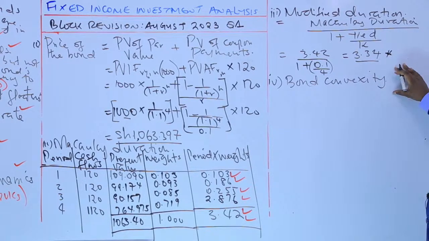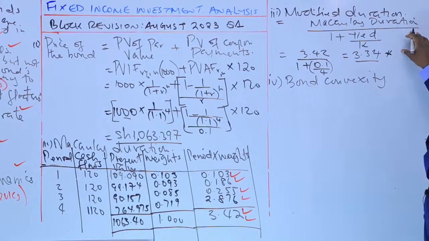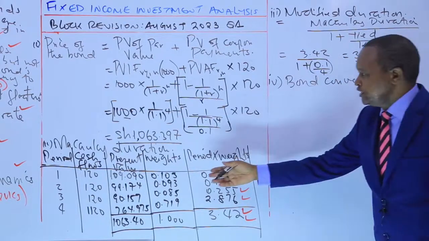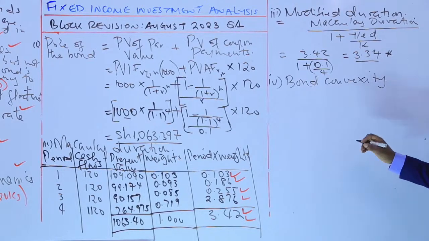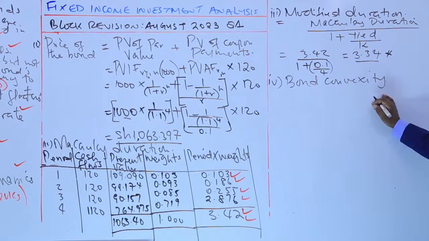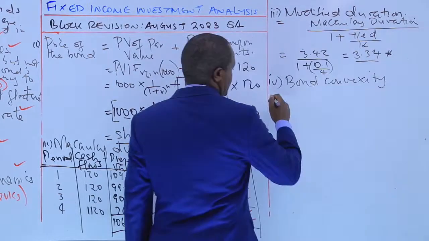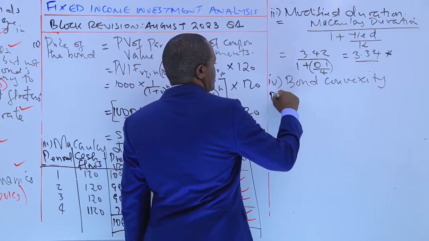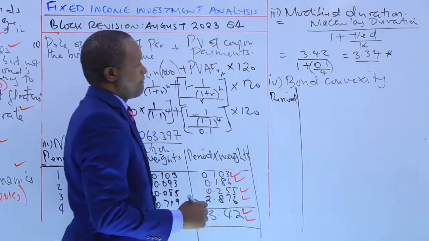So this is a more refined measure compared to the modified duration, which is a modification of the Macaulay duration. So let's compute the bond convexity of this bond.